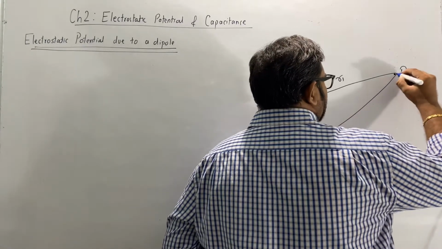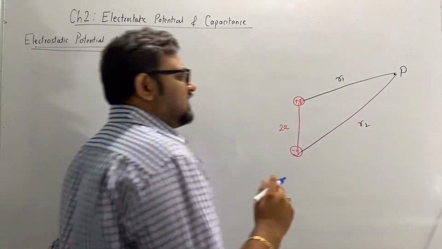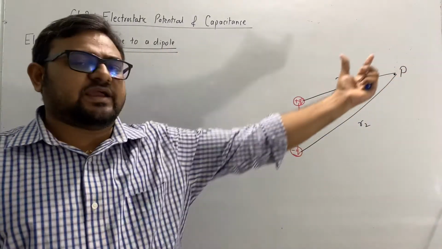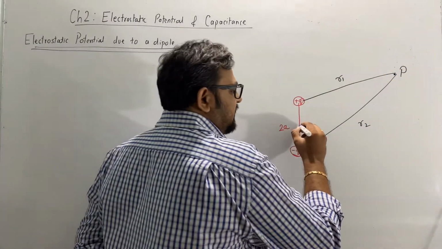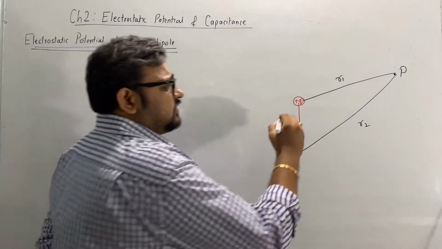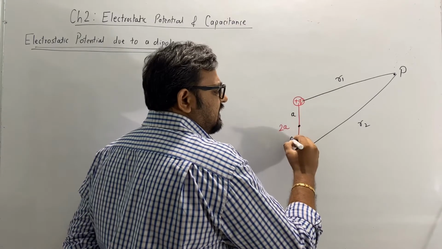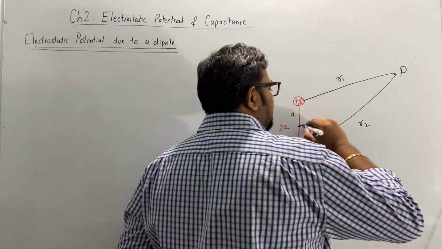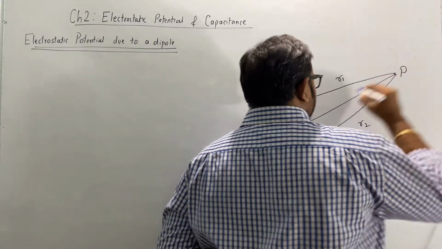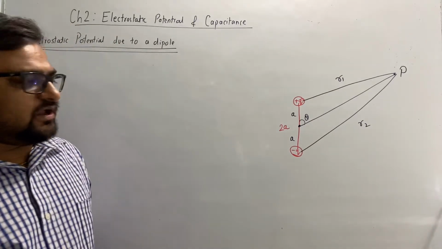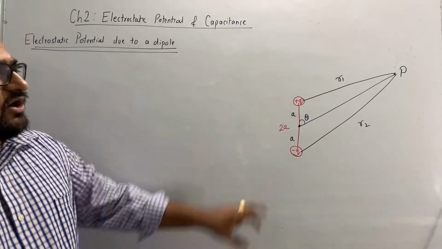So the distance from the positive charge to the point P is R1 and from the negative it is R2. This is the center, so this distance will be A and this distance will be A. Let the angle made by the dipole to this point P be theta. Clear? Now we have to find out the electrostatic potential due to this dipole at point P.